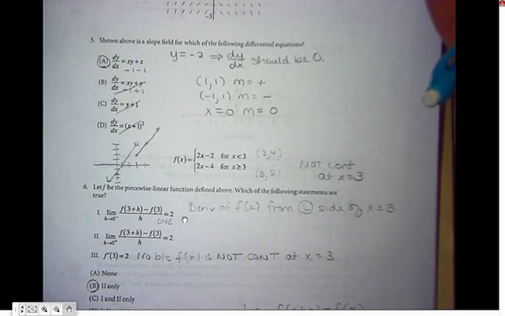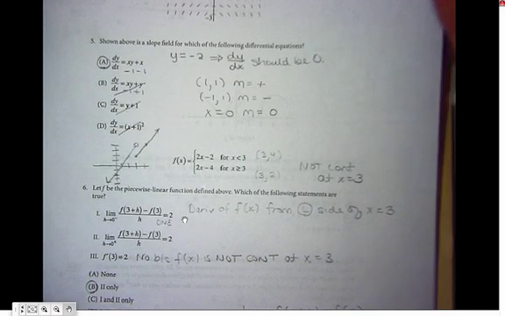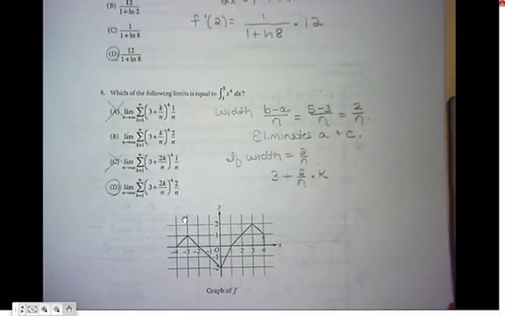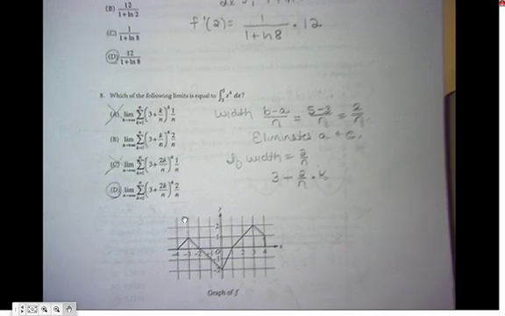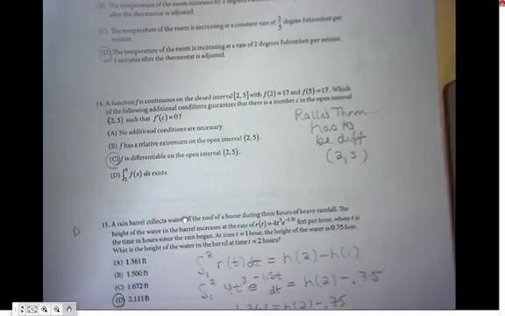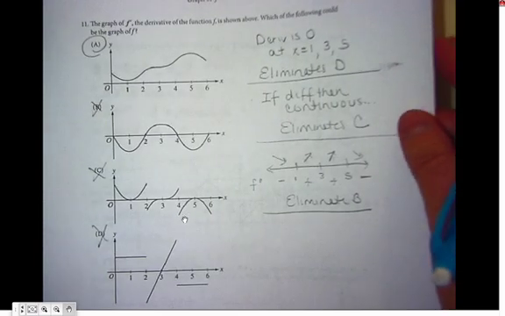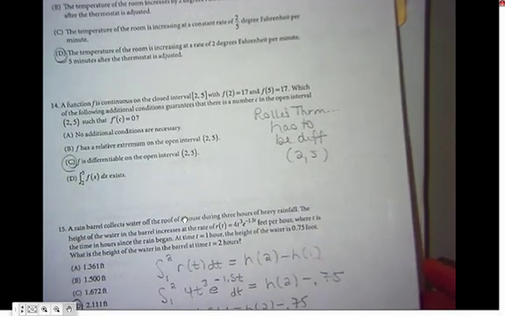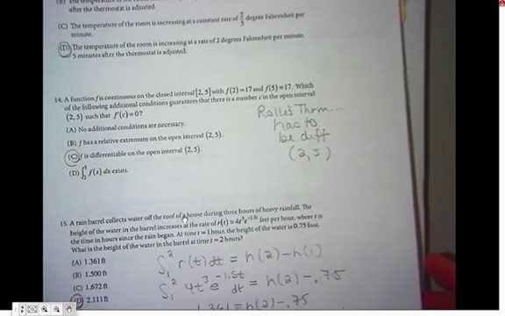So 5 is A, 6 is B. So I'll give you all the answers and then we can go back. 7 is D, 8 D, 9 B, 11 A, 12 A, and then the last page, D, C, D, B. And I will tell you, I thought 16 was the toughest one.